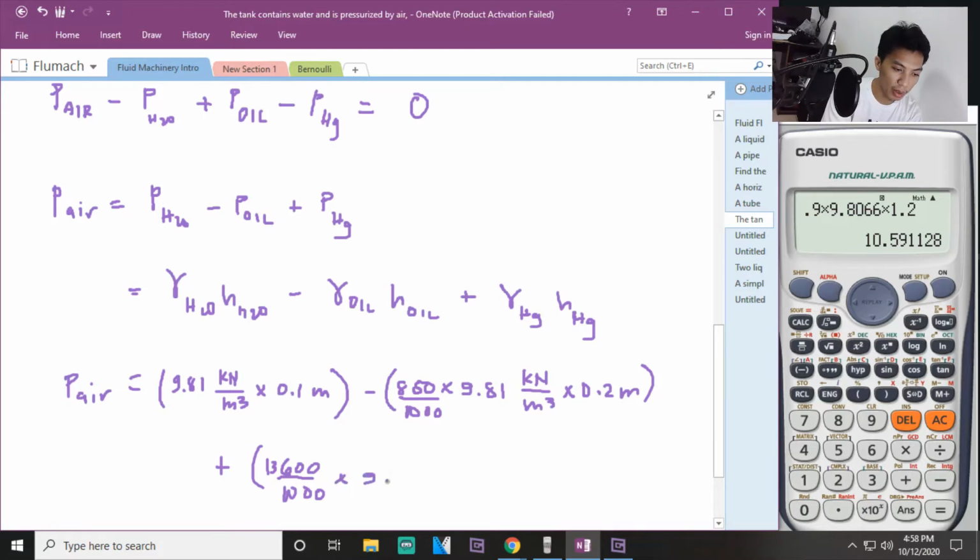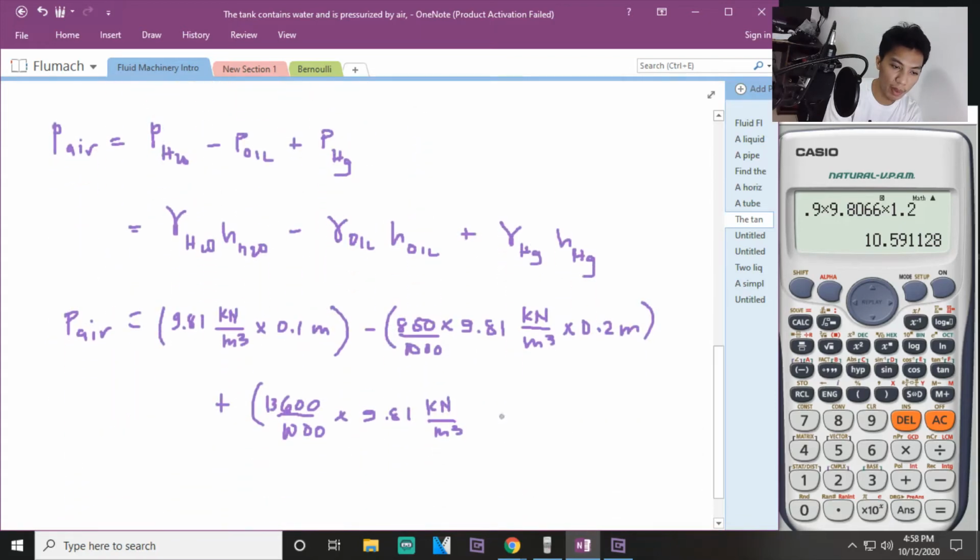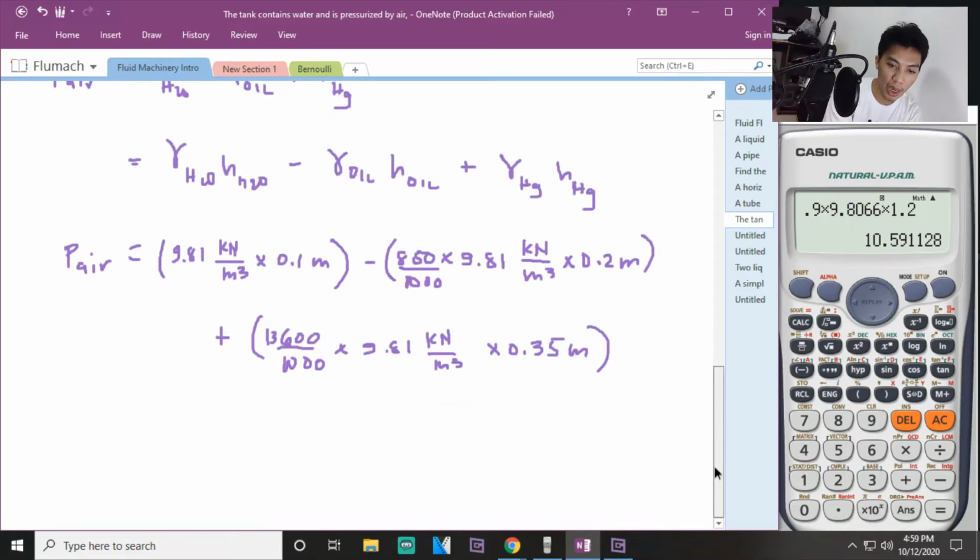Times 9.81 kilonewton per meter cube. Tapos ano yung height kung huli? That is 0.35 meter. Ang lalabas dito is kPa. In gauge, gauge to.